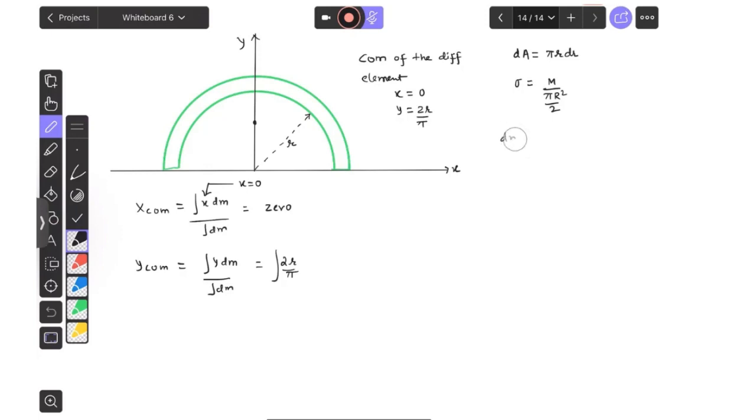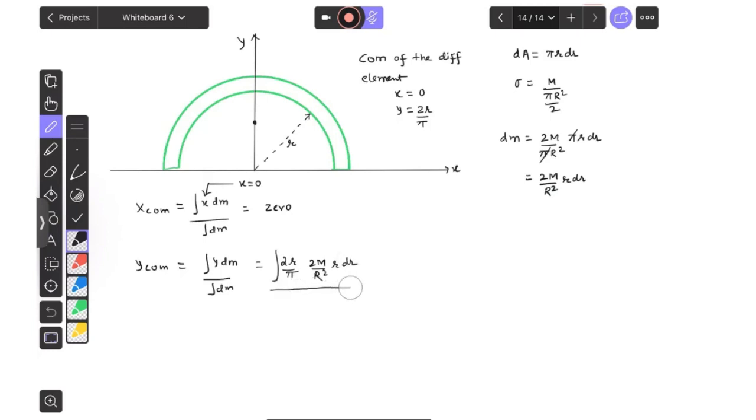So dm is 2M by pi R square, capital R square, into pi small r dr. This pi we could cancel. It will become 2M by R square into small r dr. So I'll plug in the value of dm, which is 2M by capital R square into small r dr.